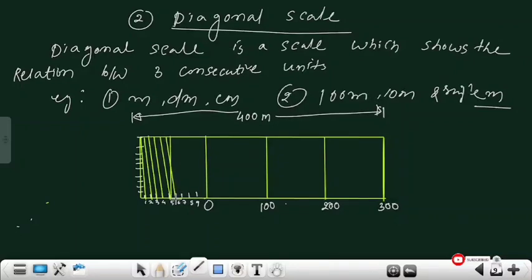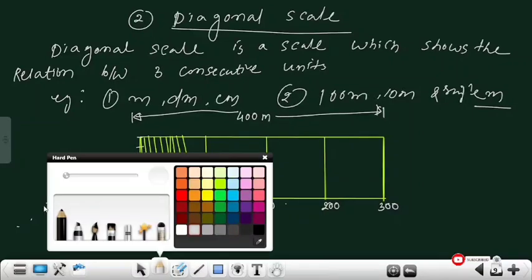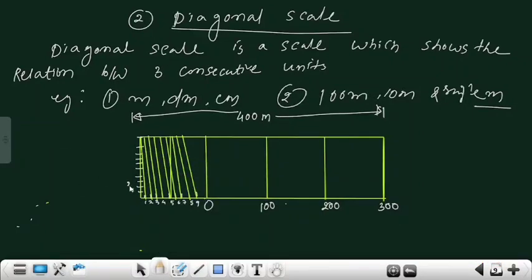Similarly, we can draw each and every line. These lines are called diagonals. So 1, 2, 3, 4, 5, 6, 7, 8, 9, 10. Now join these horizontal lines.